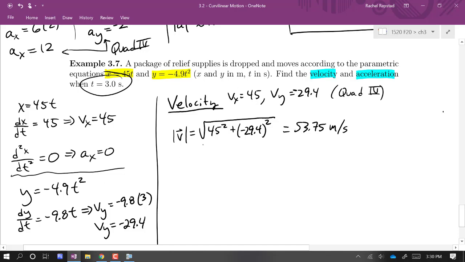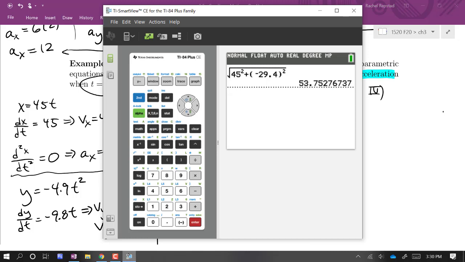And it's quadrant 4, so theta is 360 minus arctan of positive y, 29.4 over 45. And that is 326.84.